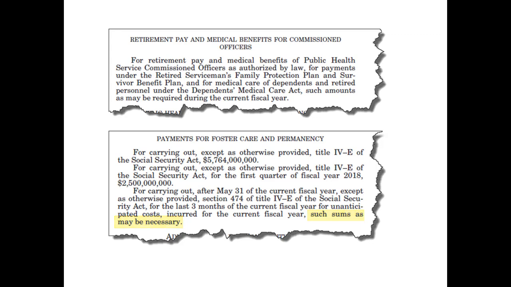It should be obvious that Treasury can't issue a warrant without knowing what the amount is. Such requests, like this retirement pay and medical benefits for commissioned officers, and the payments for foster care and permanency accounts shown here, typically require the submission of an approved apportionment with the warrant request, so that Treasury is assured OMB agrees with the amount requested.